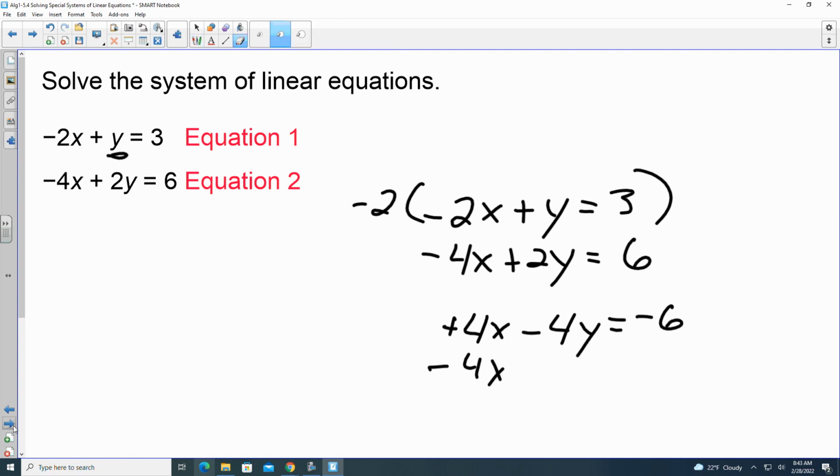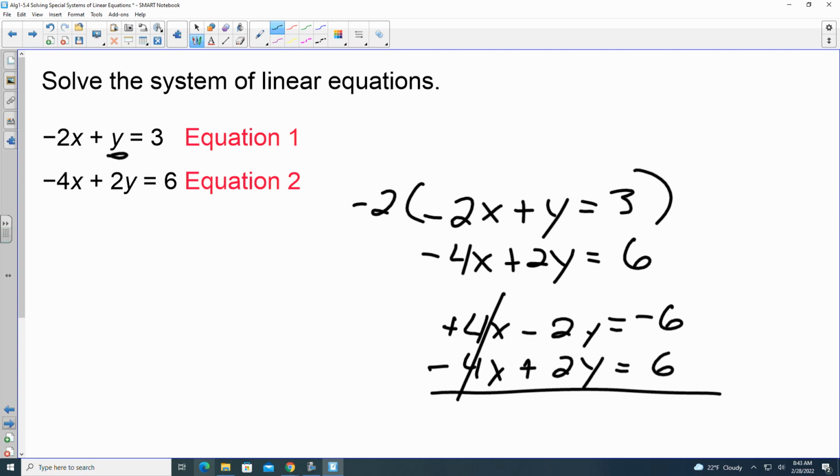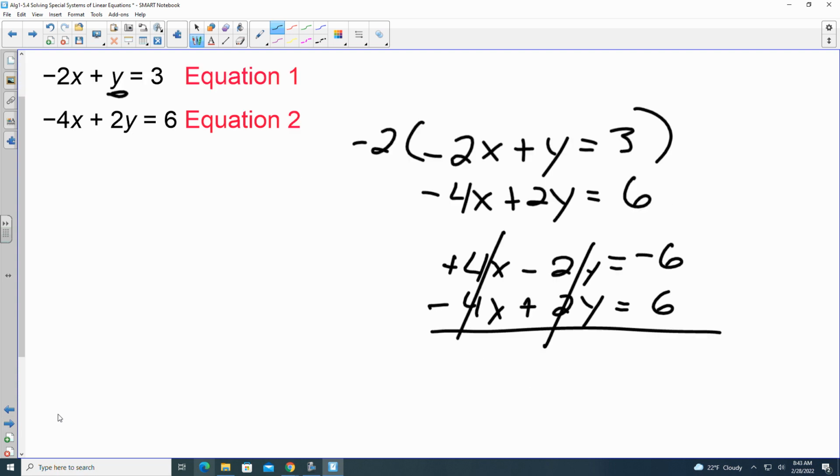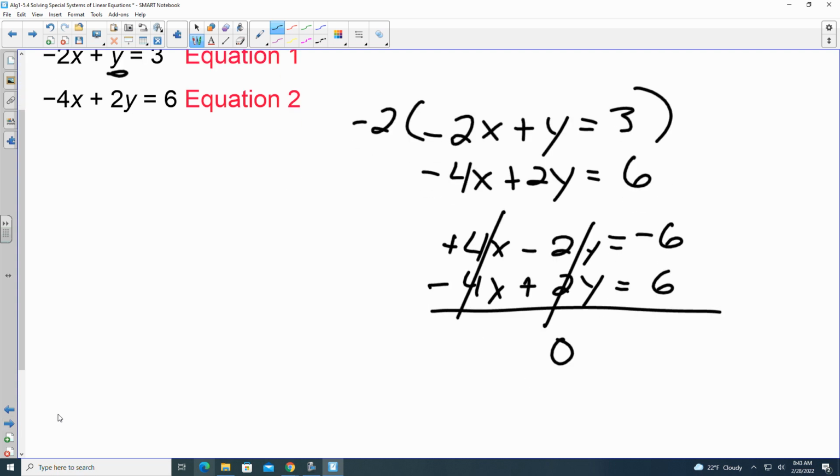Oh, shoot, my bad. This should be -2, my bad. So what happens is this actually cancels and this actually cancels. So everything cancels on the left-hand side. So I'm left with 0 on the left. And -6 plus 6 is 0. Does 0 equal 0? Yes, this is a true statement.